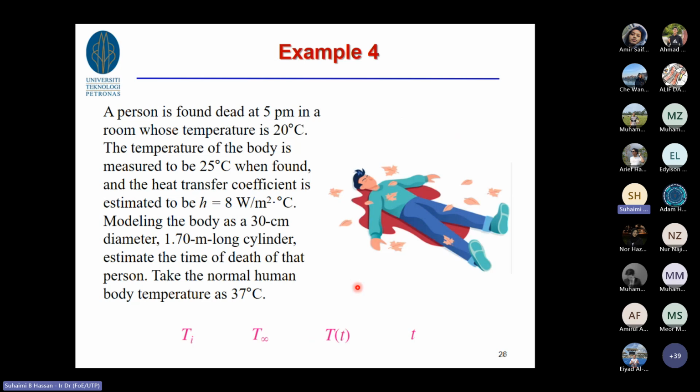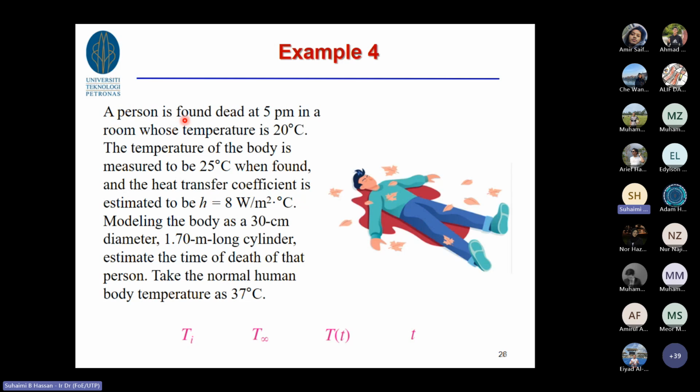Okay, example 4. I'm not saying CSI lah. Sometimes this is the indicator that heat transfer can be used also to determine other things. This is something like a lumped system analysis here. They want to estimate the time of death of this body.